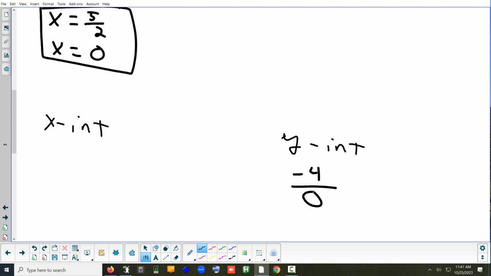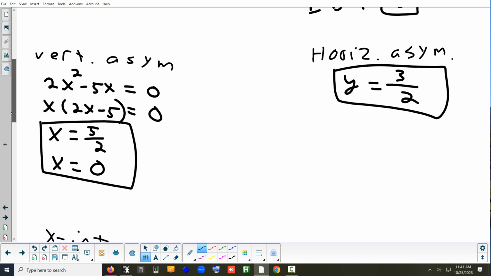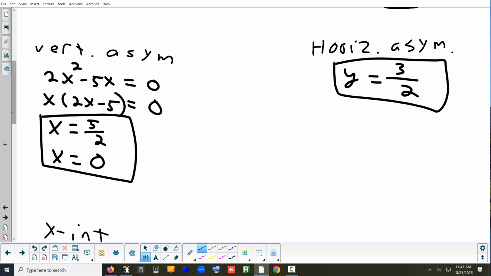We might have an x-intercept. I don't know about that. But the y-intercept, yeah? Is it like undefined? Yeah? We don't have one. There is no y-intercept. This graph never crosses the y-axis. Okay. I got it. It can't cross the y-axis because the y-axis is a vertical asymptote.